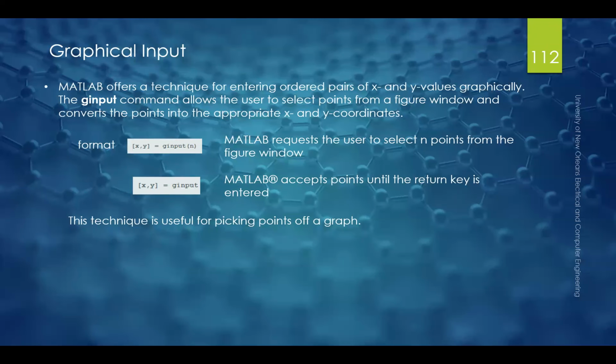looking at this command, the ginput command. MATLAB offers a way for entering ordered pairs of X and Y values that you can do graphically. The ginput command is the one that allows you to select points from a figure and then see what those points correspond to in the image or in the figure.